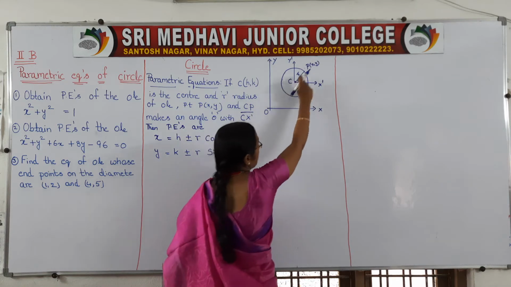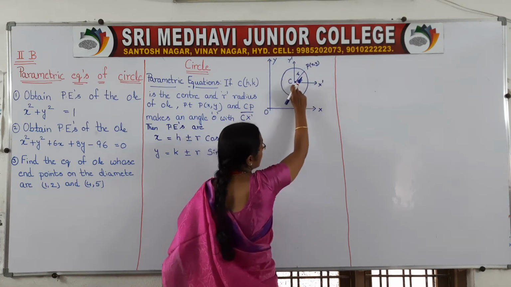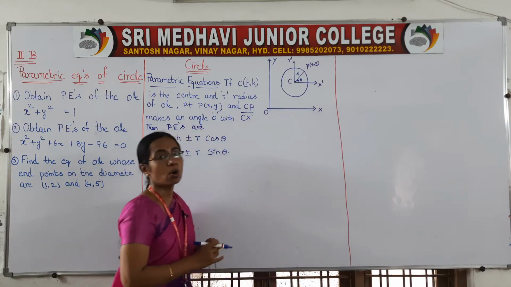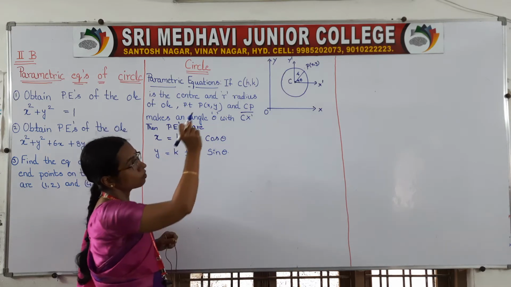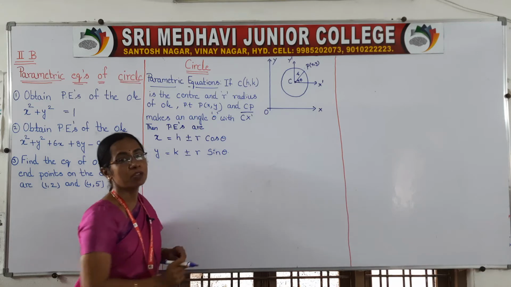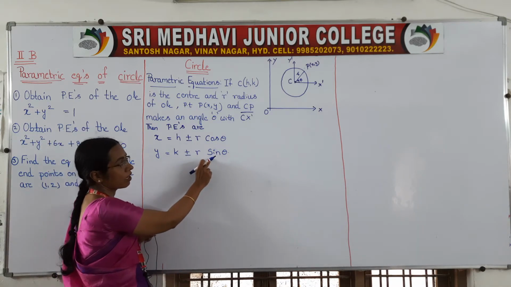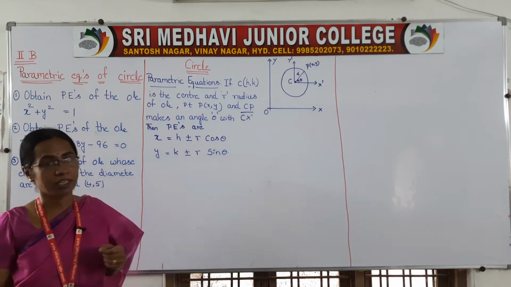Suppose this CP makes an angle theta with Cx dash, which is parallel to OX, then those x and y values can be taken in terms of theta. Those are called the parametric equations.